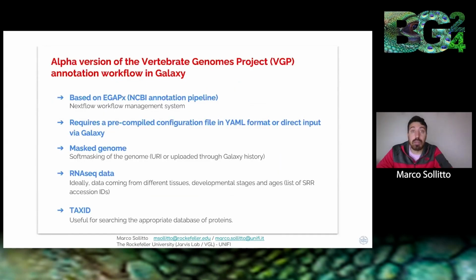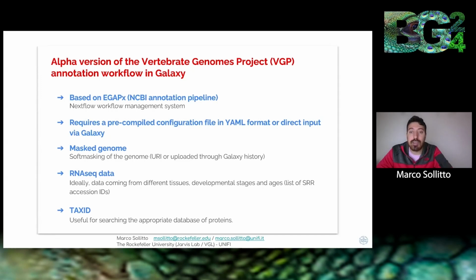In this case, we were able to reach the final genome, and following the footprints of this workflow, we are now releasing the alpha version of the annotation workflow. It's based on GAPX, that's the external NCBI annotation pipeline, which is based on a Nextflow workflow management system.